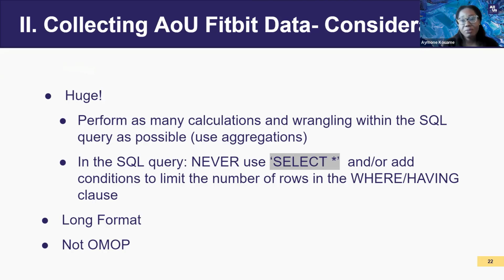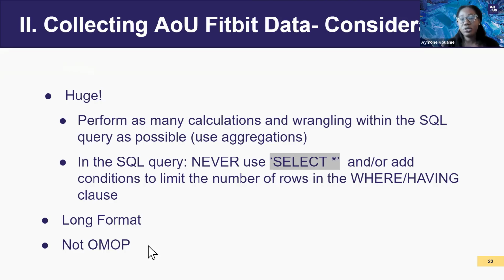So our recommendation is that you do as many calculations and wrangling within the SQL query as you can, and I will show you some examples of what you can do. And in the SQL query, again, never just select all the columns from a table, especially with a Fitbit table.